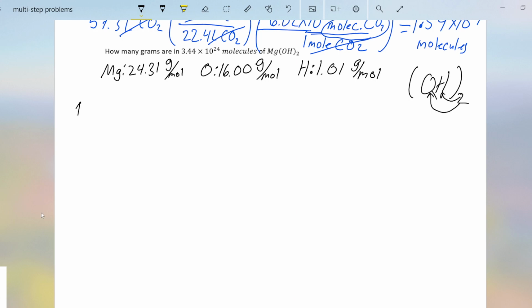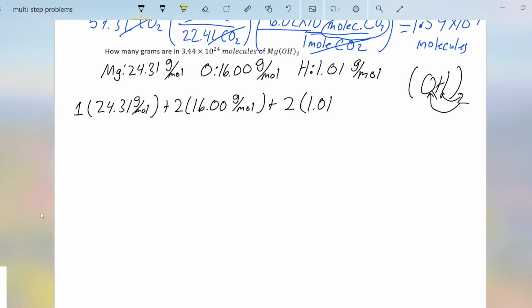So to do my molar mass calculation, I take 1 times the number of magnesiums times the molar mass of magnesium, 24.31 grams per mole. And I add to that the number of oxygen atoms, which is 2, times the molar mass of oxygen, 16.00 grams per mole. And then I will add to that the number of hydrogens times the molar mass of hydrogen, which is 2 times 1.01.